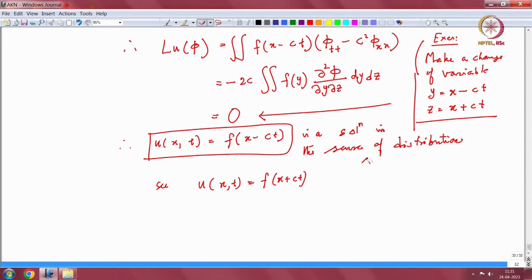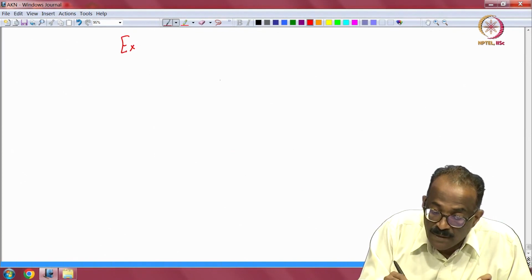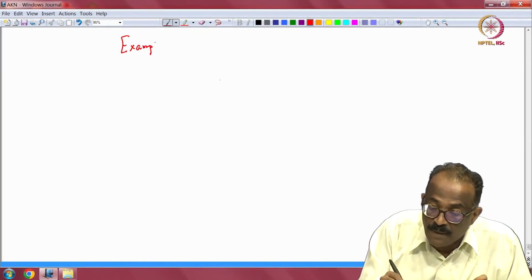So starting with a locally integrable function, you could construct distribution solutions, but things are not that easy when you get into another example, where pointwise solutions will not immediately give you solutions.